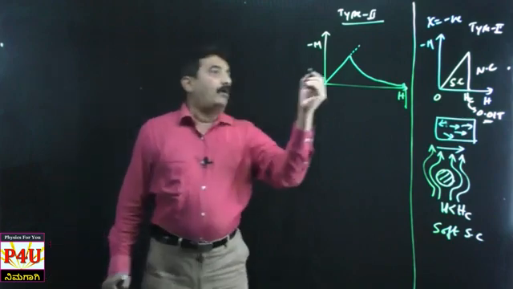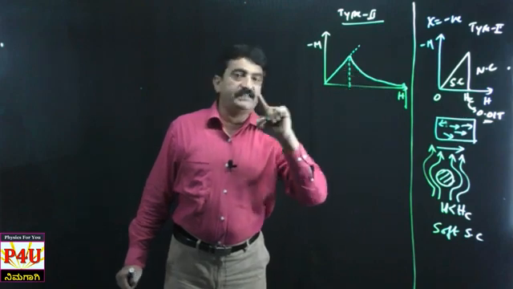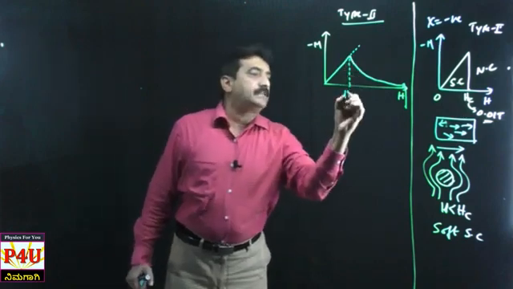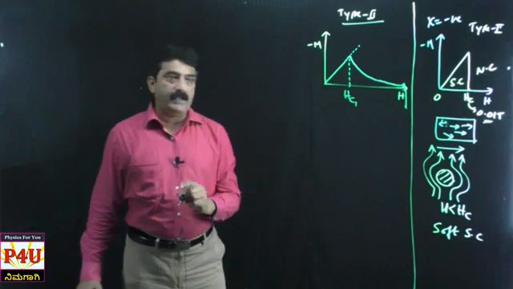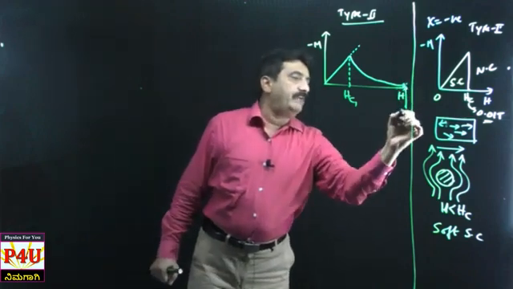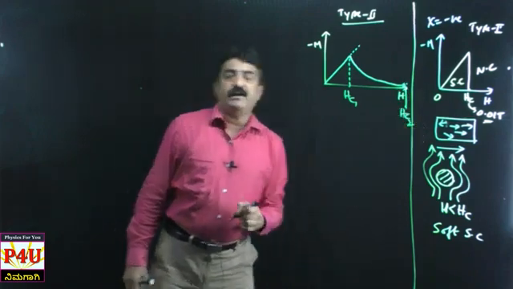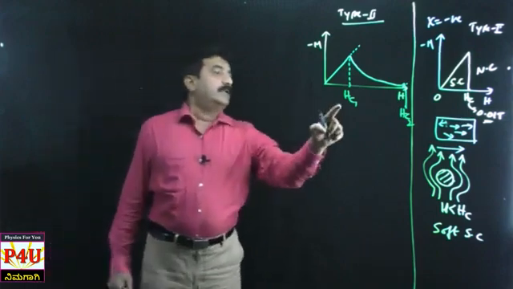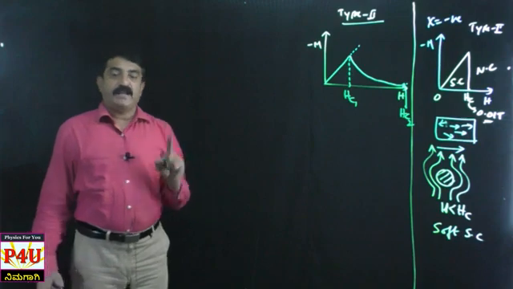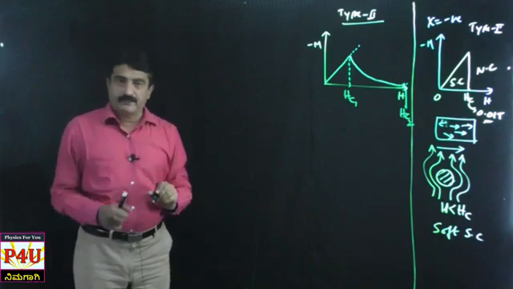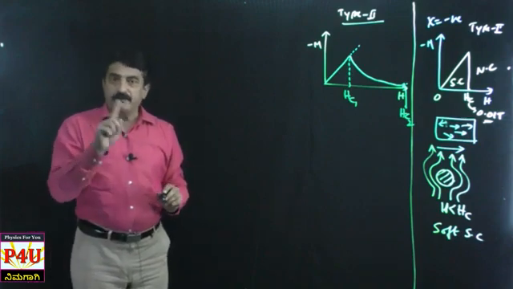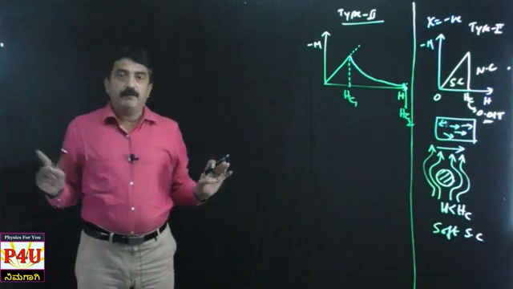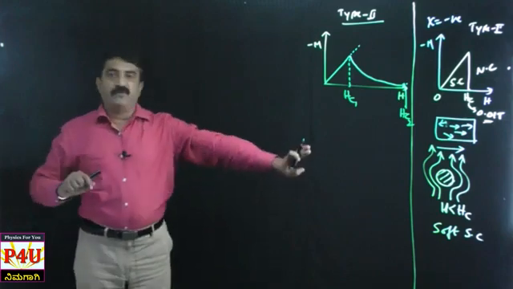So the point where the decreasing tendency starts is called critical field number 1. The point where it finally vanishes is called critical field value 2. So this way there are two critical fields in the case of type 2 superconductors. So now you got the answer. That means superconducting property does not vanish once and for all.